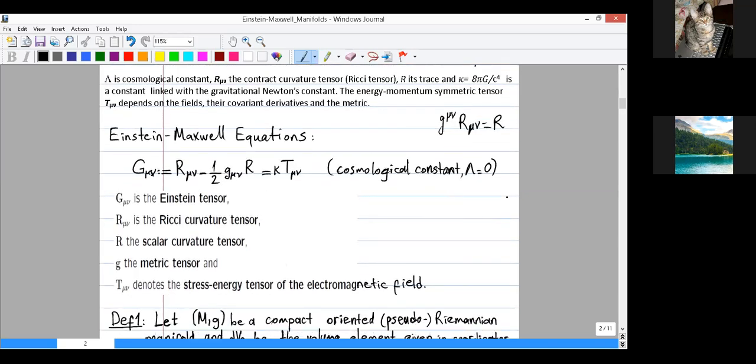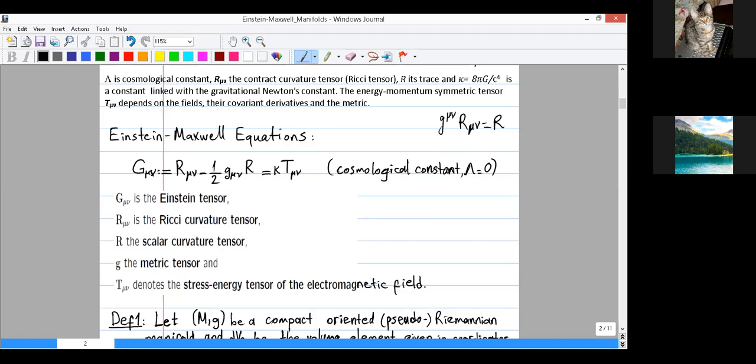So if we turn back to our subject, which is Einstein-Maxwell manifolds, they are solutions to Einstein-Maxwell equations. Here we have the cosmological constant lambda set to 0. And by the way, if you experience any problem, voice or image, please let me know.